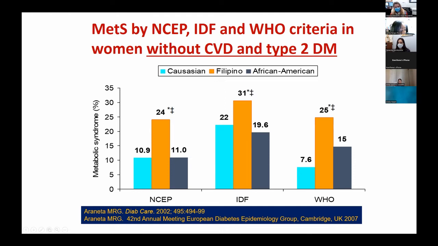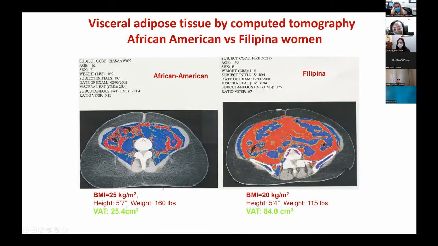And in fact, on this next slide, I'm showing you a Filipino woman and an African American woman. On the left is the African American woman, on the right is the Filipino woman. She weighs 115 pounds. The African American woman weighs 160 pounds. So you would think that this woman is more at risk just based on the weight. Again, you've got to really analyze and dig a little deeper. Visceral adipose tissue is a risk for cardiovascular disease.